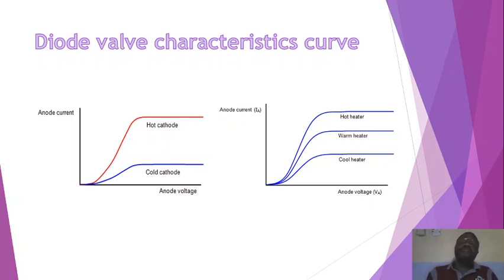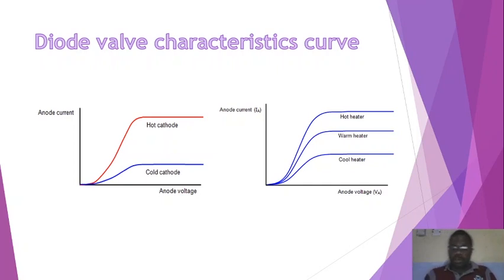Because if the saturation current is very low, it means that at a very high voltage the anode can no longer carry the current. The current generated can no longer be suitable for what? For rectification at the what?